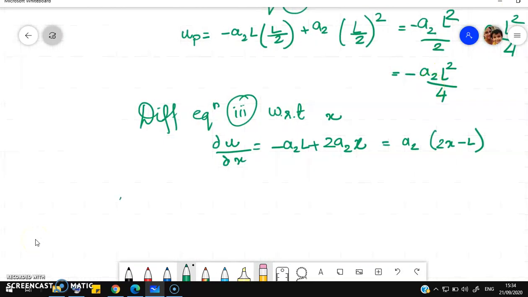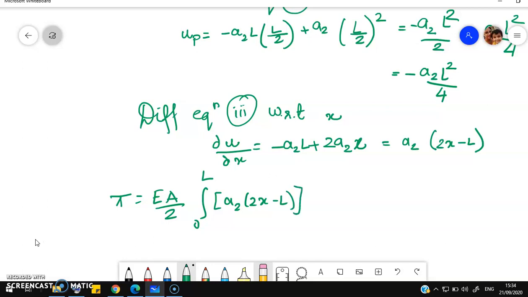So we have pi equals EA upon 2, integral 0 to L, dou u by dou x is a2 into 2x minus L the whole square dx, plus actually it is minus P into UP, but UP is minus a2 L square by 4.